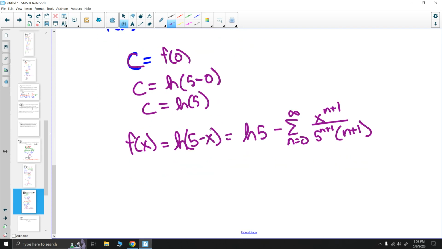So let's take a look and see whether a partial sum would be a good approximation, whether this is true or not. Let's think about our first thing. First of all, ln 5 would be our first term.